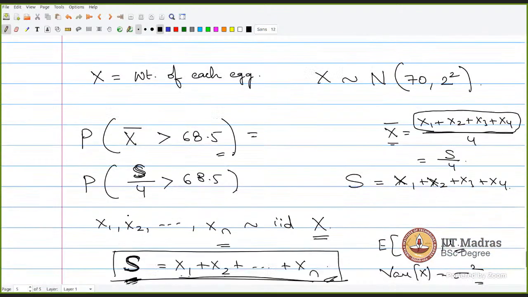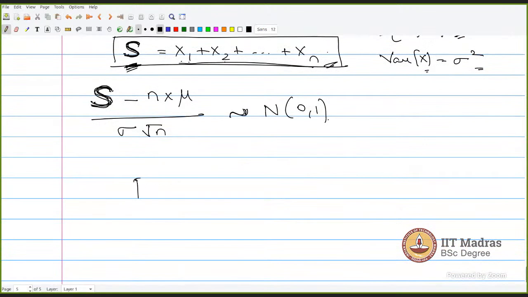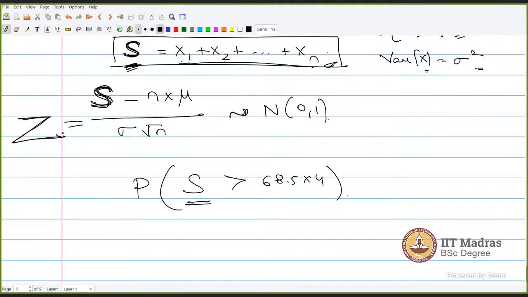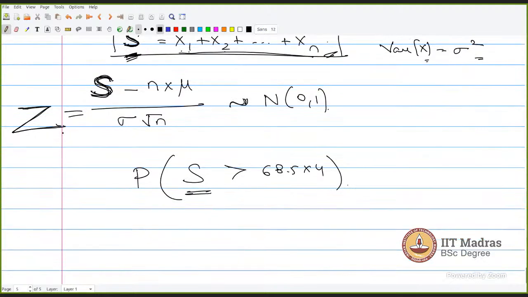Once you convert that, we get the probability that S is greater than 68.5 times 4, just multiplying by 4 on both sides. Now we have S, but we have to subtract n times mu and divide by sigma root n to get Z, which is a standard normal variable.